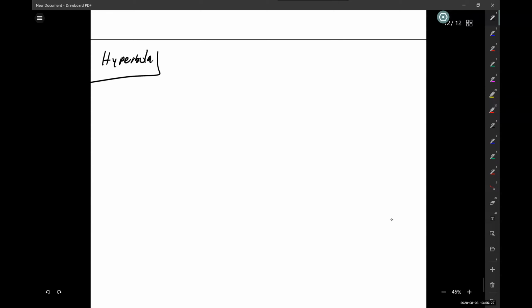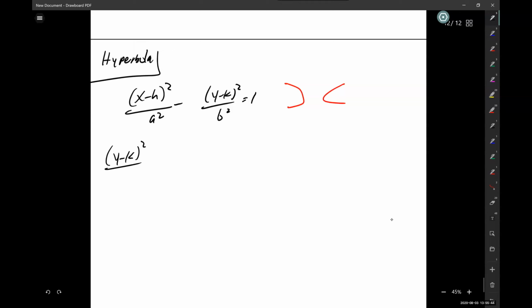Okay, so the important thing about the hyperbola is that there are 2 versions of it. One that opens horizontally, which is the one that has the x in front, which is always going to tell us that this opens horizontally like so. Or if we have y in front, that means that we open vertically.